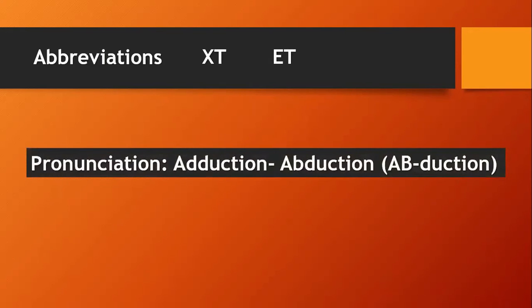And also you have to be familiar with dextroversion, levoversion, and so forth. Because adduction and abduction may be confusing in pronunciation, I will say adduction as one word, but in abduction, I will say it differently to make some discrepancy in the pronunciation.